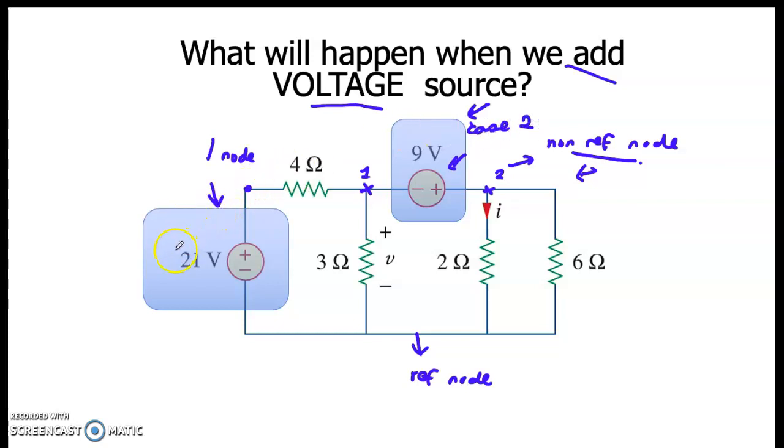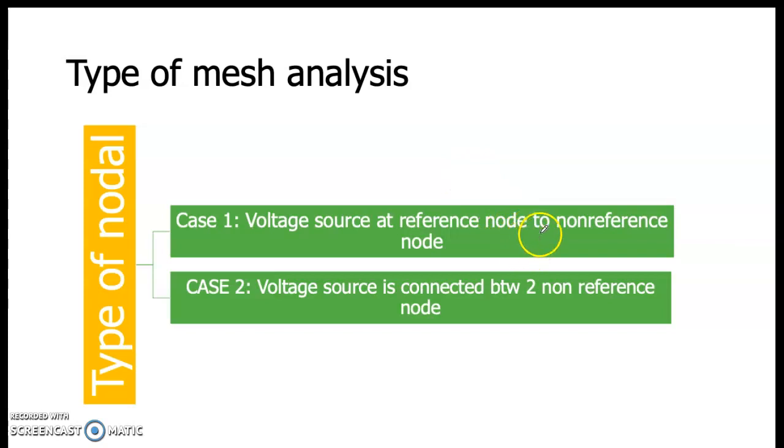But for the first case, that is case 1, the voltage source is connected from one node to the reference node. Not like this, where both are non-reference nodes. Okay, so let's see what's the difference between these 2 cases.